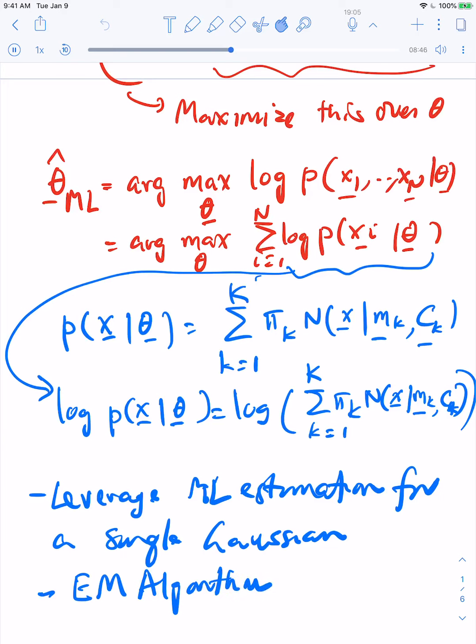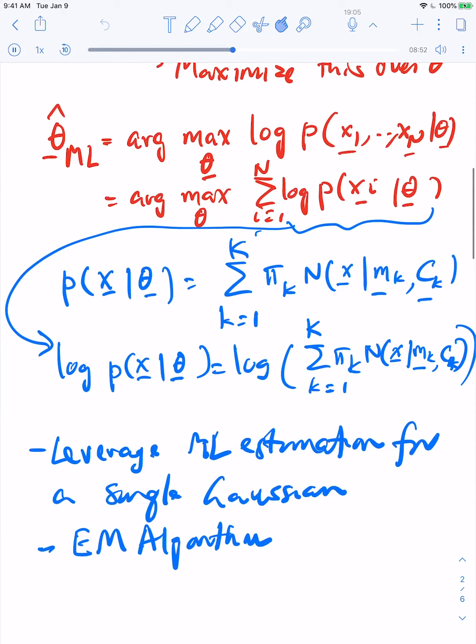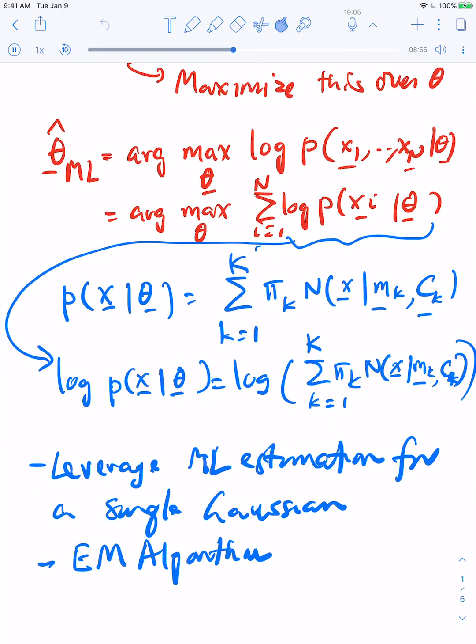So we'll first state the algorithm that comes out after talking about how to do ML estimation of mean and covariance for a single Gaussian, and then we'll talk in more detail about the EM algorithm and its generality, its convergence properties, and so on.